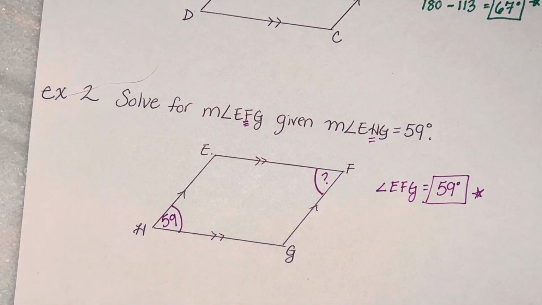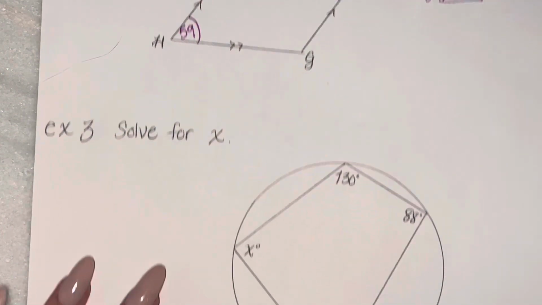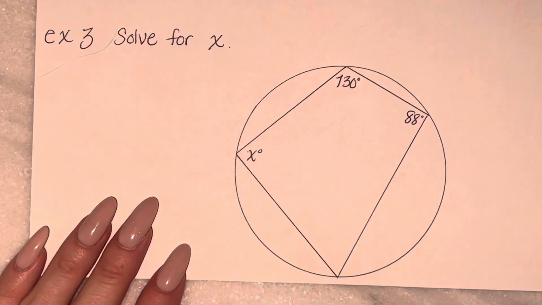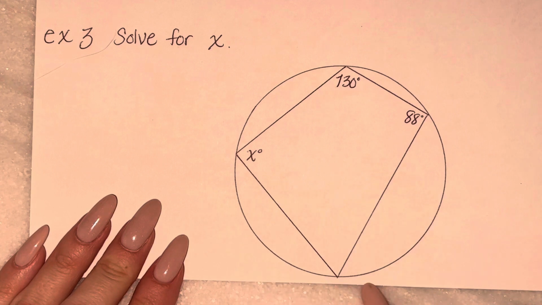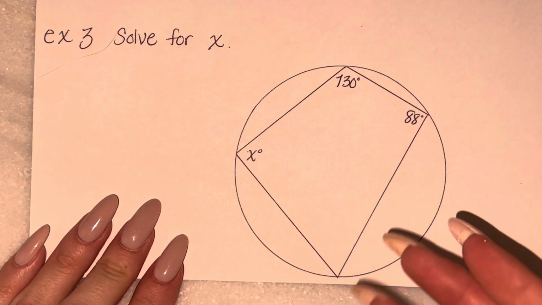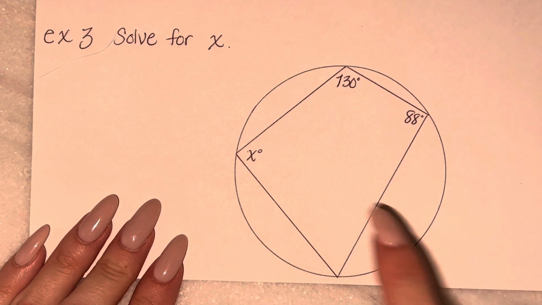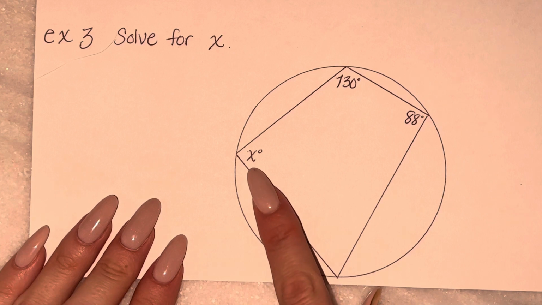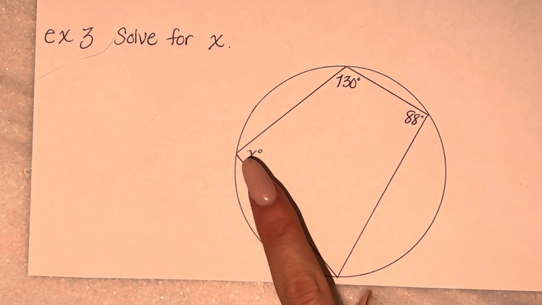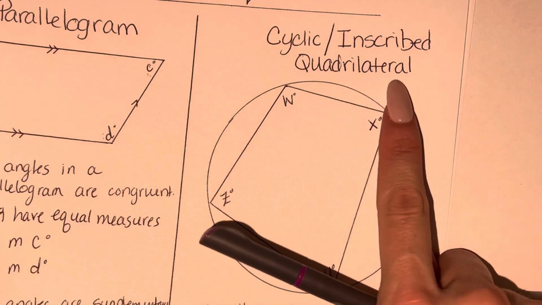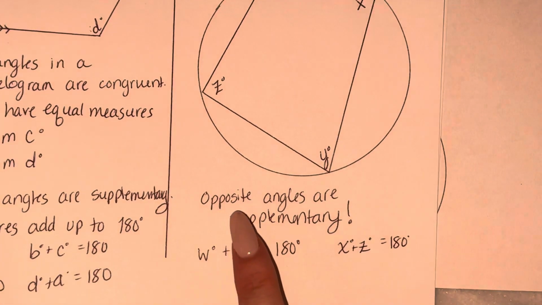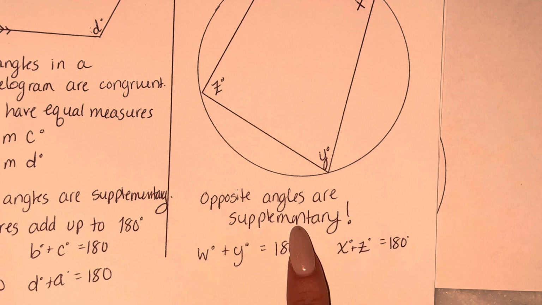And then for my last example, I do have one of those cyclic quadrilaterals. I can tell that it's a cyclic quadrilateral or an inscribed quadrilateral because obviously there's a circle around it. And they asked me about angle X. So the rule with our cyclic or our inscribed quadrilaterals is that opposite angles are supplementary.